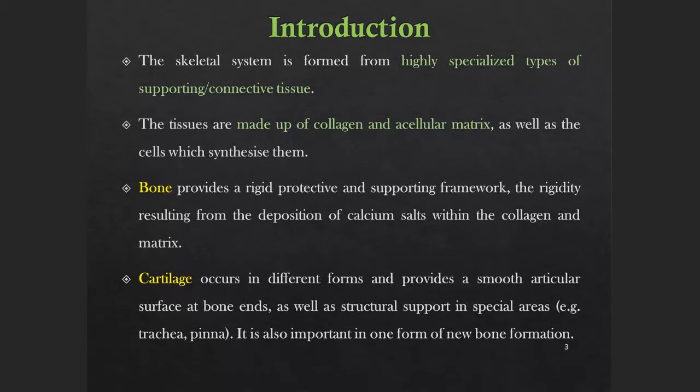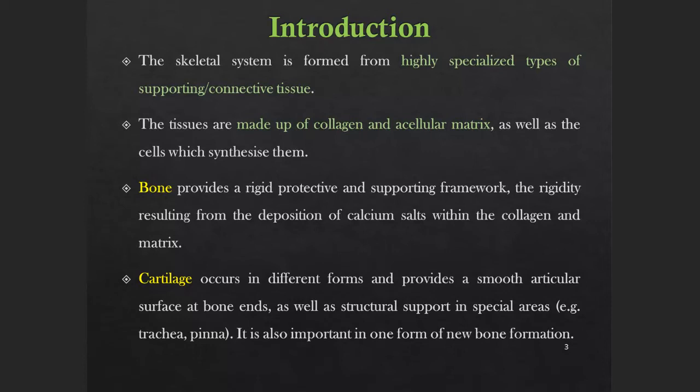For example, there are different sets of cells for your cartilage and different sets of cells for your bone. So it comprises your collagen, your acellular matrix, and the cells which synthesize them and produce those tissues.